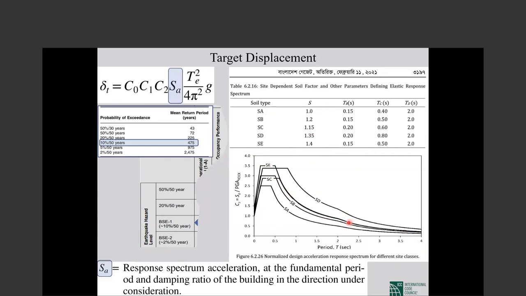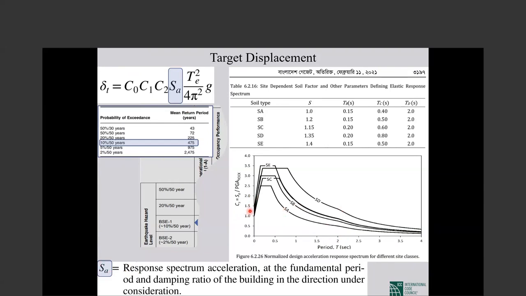So what we can get from this, if we have the period of the building, it gives us the maximum acceleration.